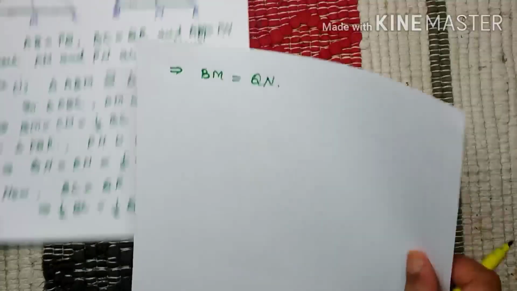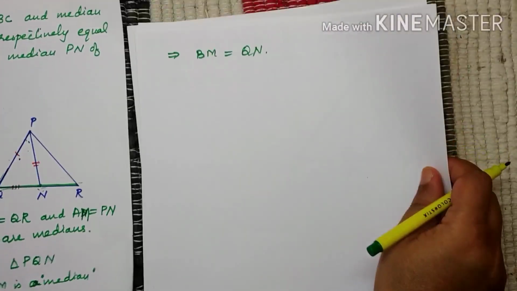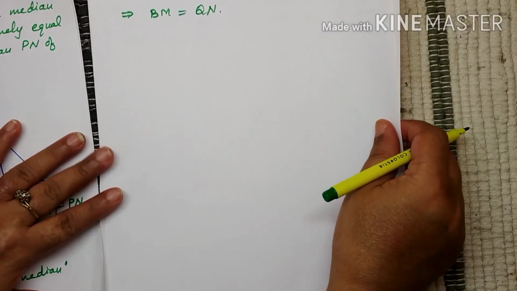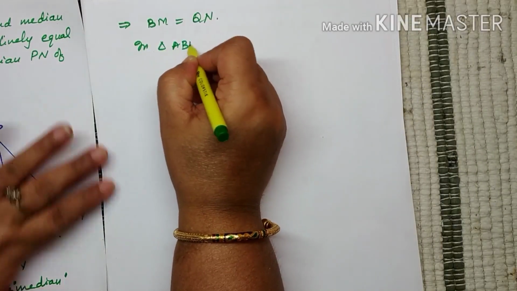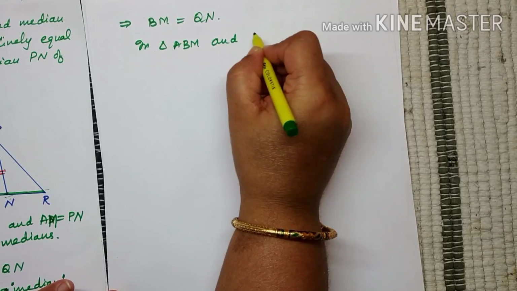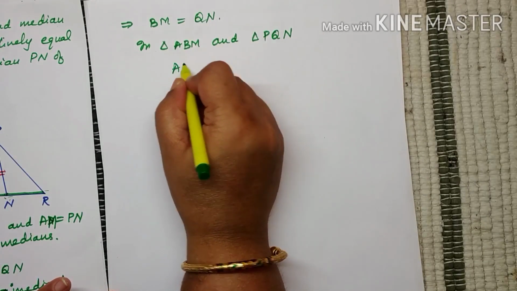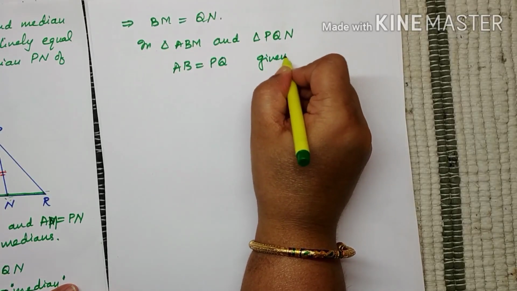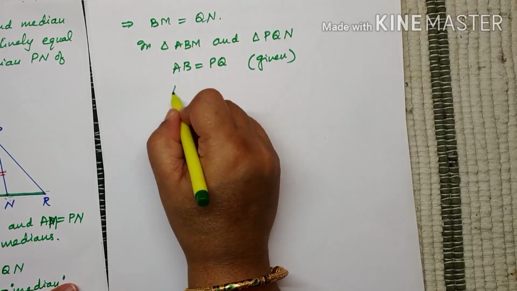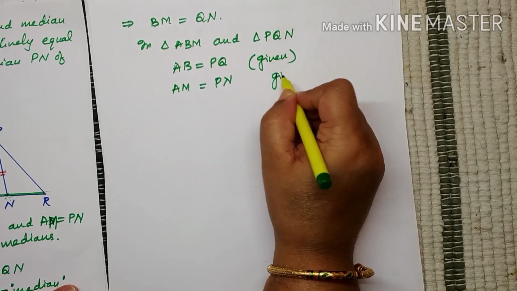Now we have to prove the triangles congruent. So let us start with the triangles. In triangle ABM and triangle PQN, I have AB is equal to PQ because it's given in the question. Then we have AM is equal to PN, again given in the question.